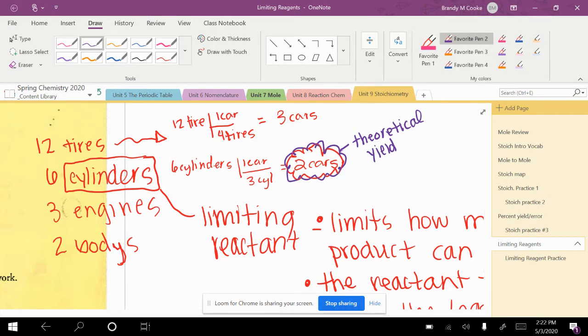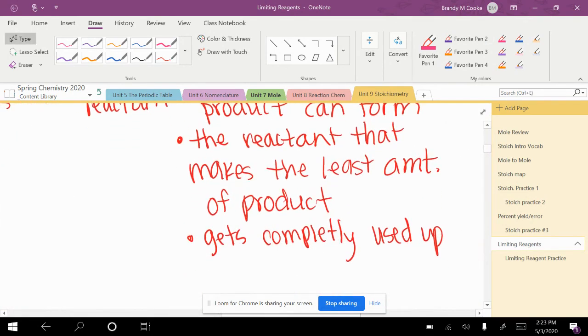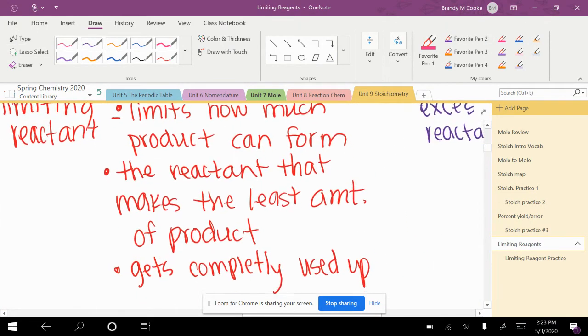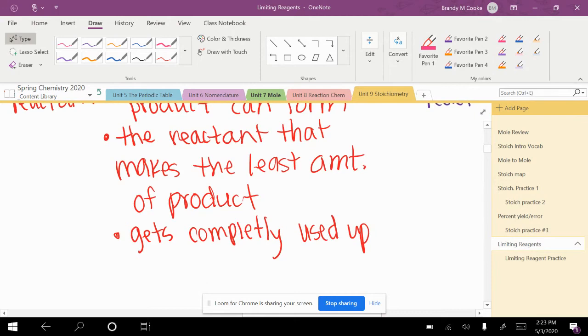Now, let's say I open up my cylinders and 3 of them are all messed up. Well, then I can only make 1 car, and my percent yield is going to be pretty awful. But it's just to bring back that vocabulary. So the theoretical yield is the answer that you get from the limiting reactant. So the reactant that makes the least amount of product makes the theoretical yield.